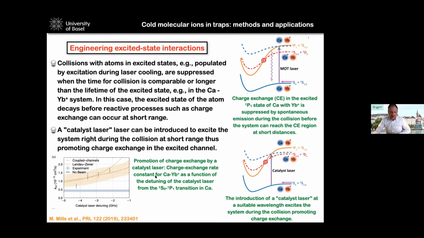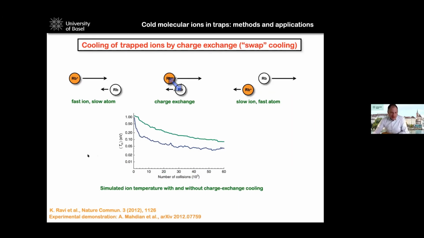I think it's a fun experiment which shows how one can play with these excited state processes and how they manifest themselves in different ways in different systems. Okay, so another topic related to these charge transfer processes is the phenomenon of swap cooling.